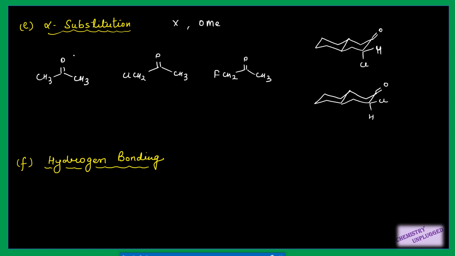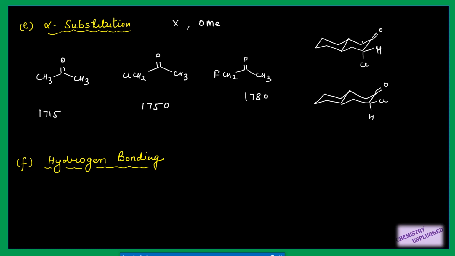In the first case we have the ketone acetone, then alpha substitution with Cl, then alpha substitution with fluorine. Fluorine is more electronegative than Cl, so it will pull electron density much more towards itself than chlorine, and that is why it increases the CO bond strength more than Cl substitution, right? If the base value for acetone is 1715 for this CO stretching vibration, then for the Cl one it will become 1750, and for fluorine substitution it is close to 1780 centimeter inverse.